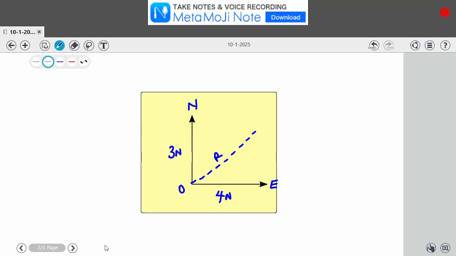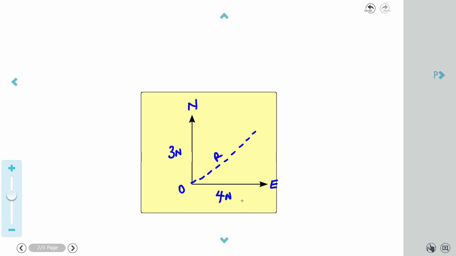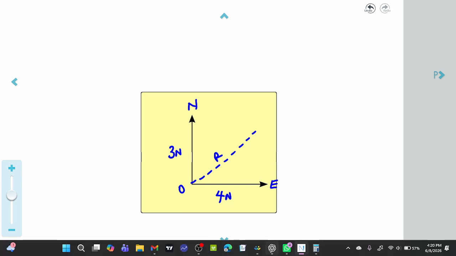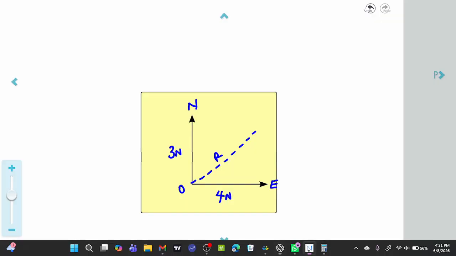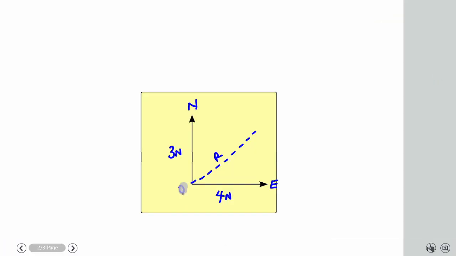Now that we've acquainted ourselves with what the resultant is, we are going to acquaint ourselves with what an equilibrium should be. So an equilibrium is a vector that is equal in magnitude but opposite in direction to the resultant of a system of vectors. So if it is equal in magnitude and opposite in direction, that would be something like this. And say we extend these vectors in directions both ways.